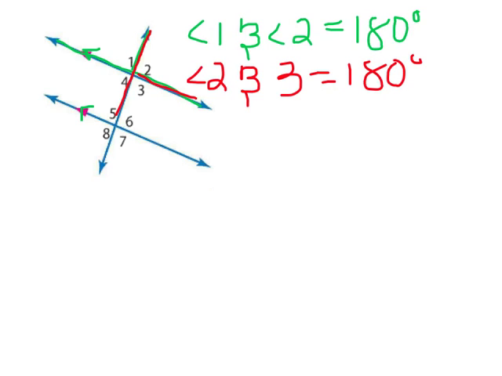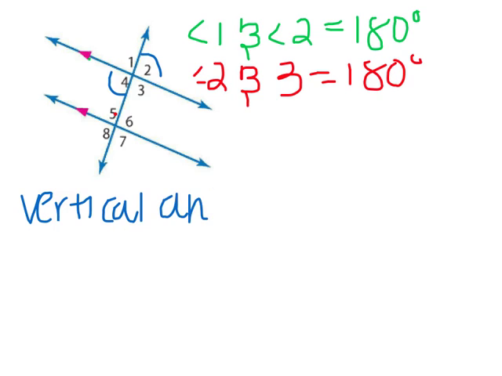If we look at different angles, like angle 2 and angle 4, those are congruent because they are vertical angles. Vertical angles are congruent.